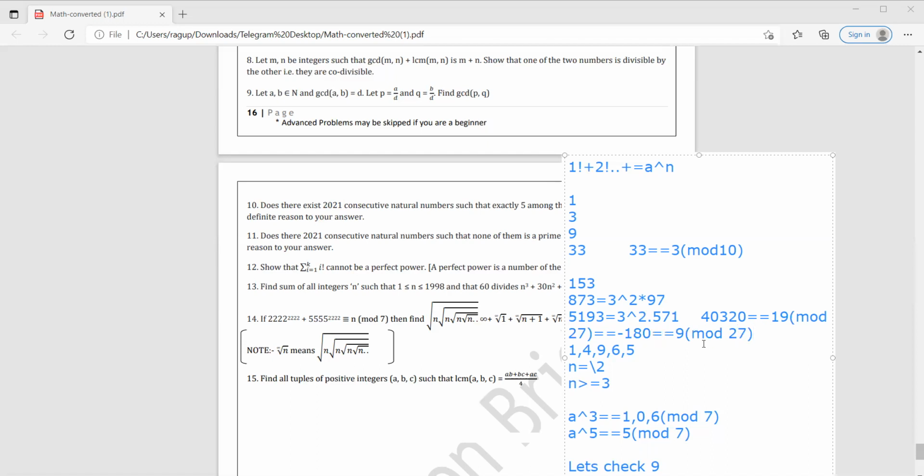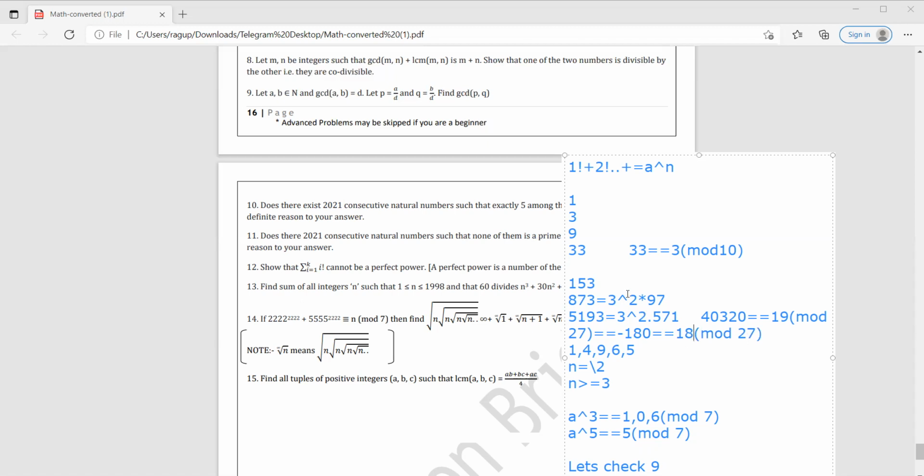So 40320 is 9 mod 27, and sigma 7 factorial is 5193 we calculated, and this is minus 207 mod 27, which is in turn 9 mod 27. So 9 plus 9 will get 18 mod 27.